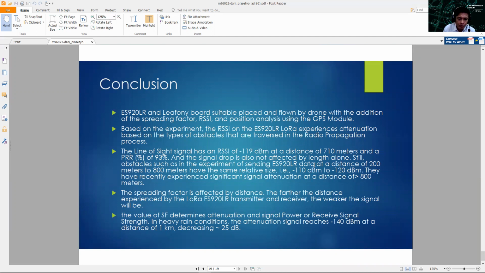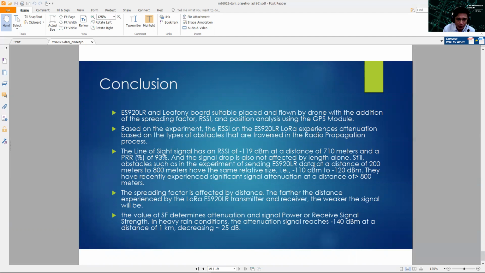Based on the experiment, the RSSI on the ES920LR LoRa experiences attenuation based on the type of obstacle traversed in the radio propagation process. The line of sight signal has an RSSI of minus 119 dBm at a distance of 710 meters, and a PRR of 90%.